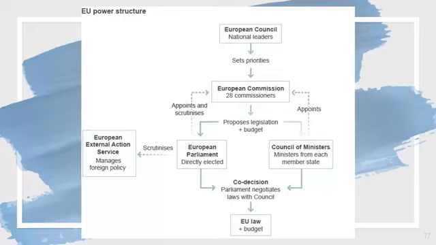They have those options. Then there's the Council of Ministers, ministers from each member state. They can do the same thing. They can appoint people to the European Council, but they can't scrutinize. In addition, they can also help negotiate the legislation. And then after a co-decision is made, they pass the law.